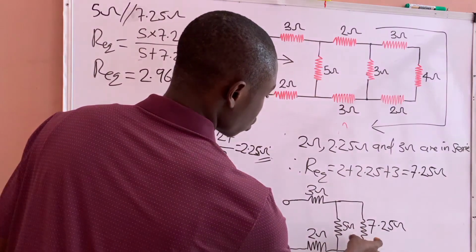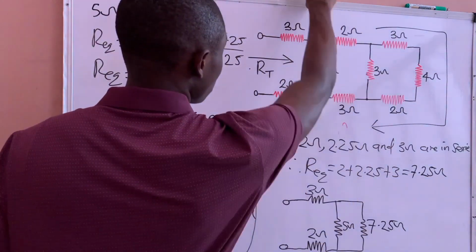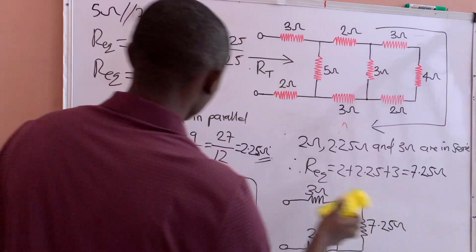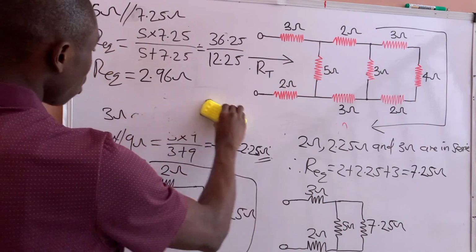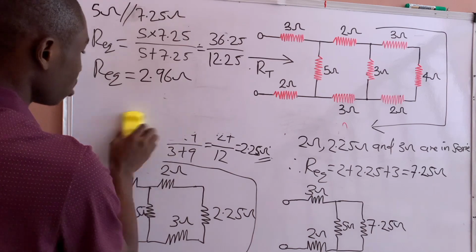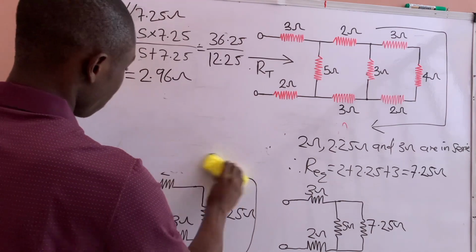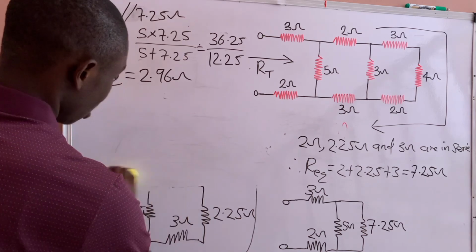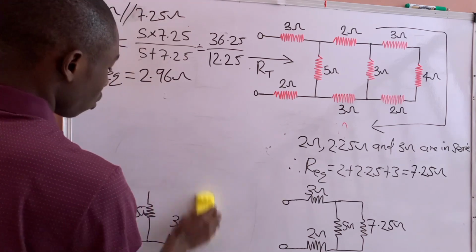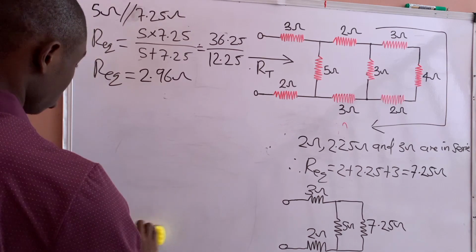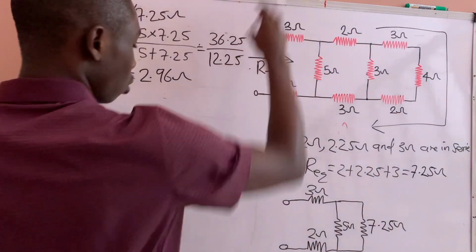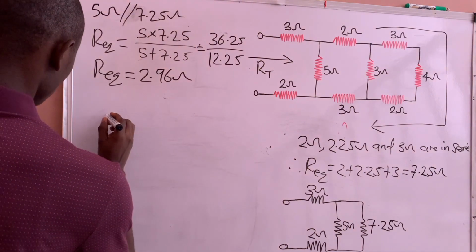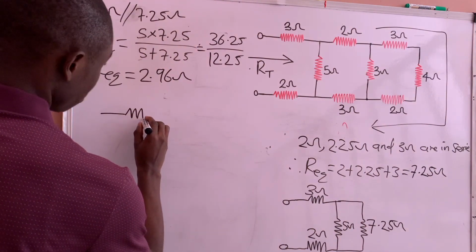So that is the equivalent resistance of these 2 parallel elements. So we have our fourth redrawing. The circuit will now be in this form.